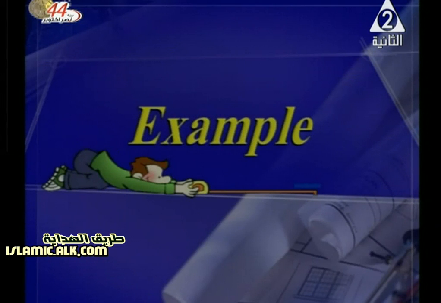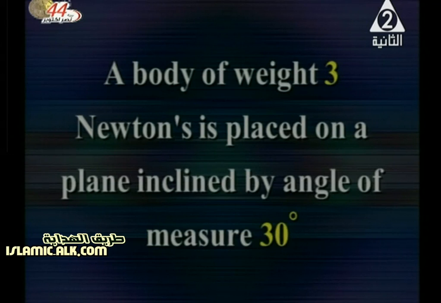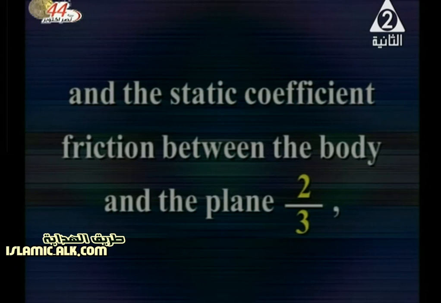Look at the important example. A body of weight 3 newtons is placed on a plane inclined by an angle of measure 30 degrees, and the static friction coefficient between the body and the plane is 2/3.